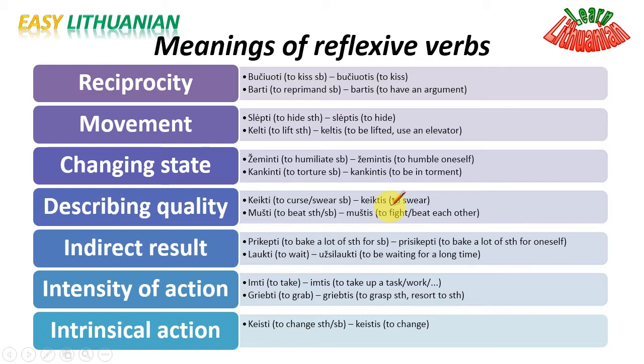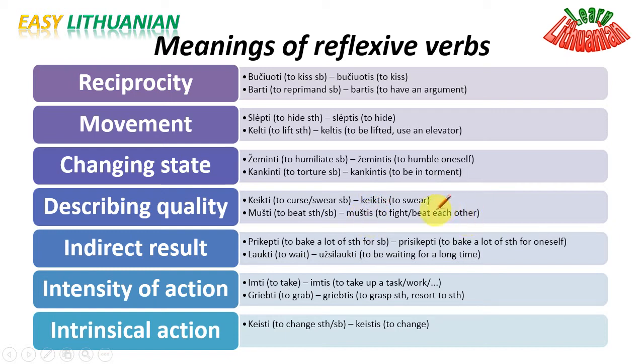The action is a little bit different here. So it's not necessarily directed towards each other. Muštis does not mean to beat oneself. It's not directed to yourself. I'm not beating myself, mušuosi. I'm fighting to each other. I'm fighting someone. I'm beating someone. So it's not that I beat myself, but this is to beat someone.